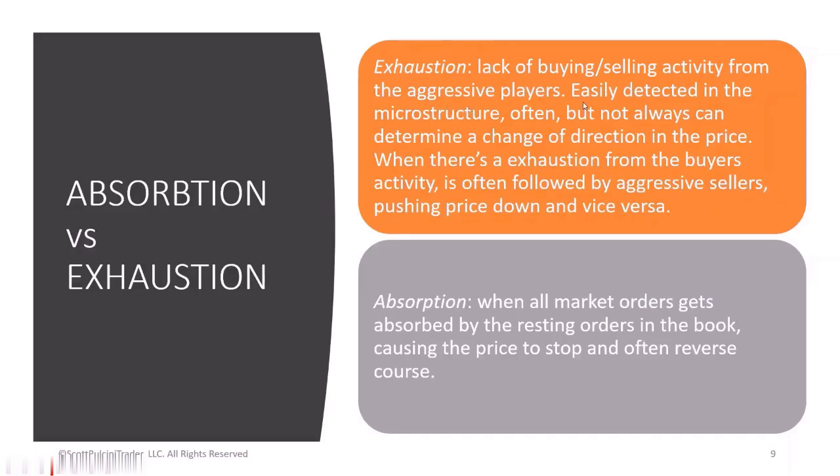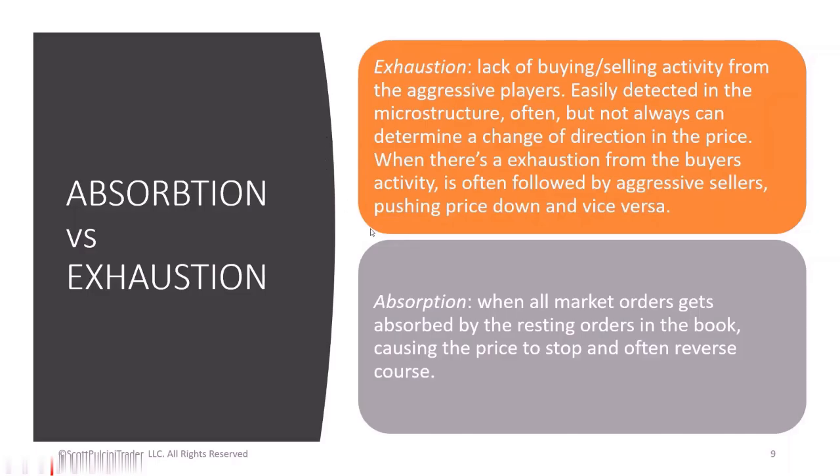You can easily detect exhaustions in the microstructure, but it doesn't always determine a change in direction in the price. When there is exhaustion from the buyers' activity, it is often followed by aggressive sellers pushing the price down, and vice versa.